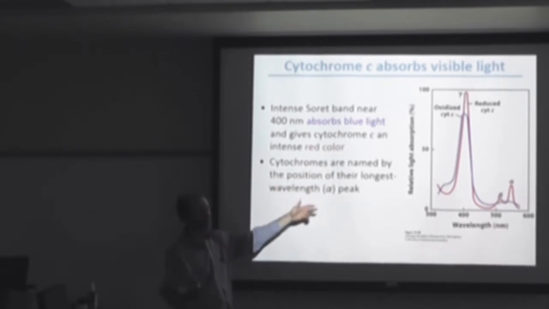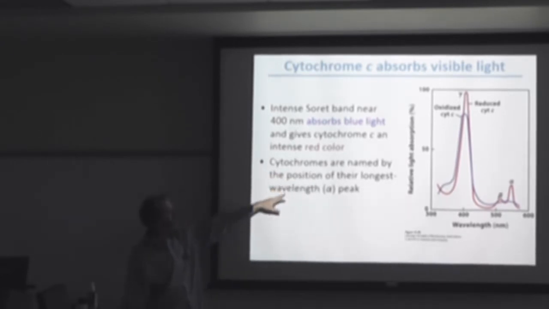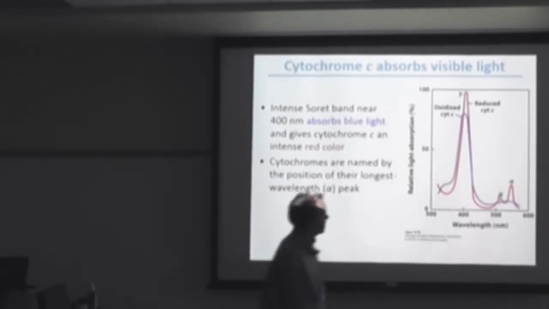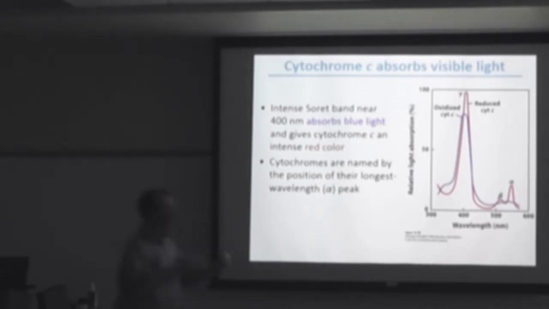You know, it's iron. Cytochromes are named by the position of their longest wavelength, the alpha peak, which is right here, right? So that will vary based on which cytochrome it is, and that's how they get their name, cytochrome A, B, and C.